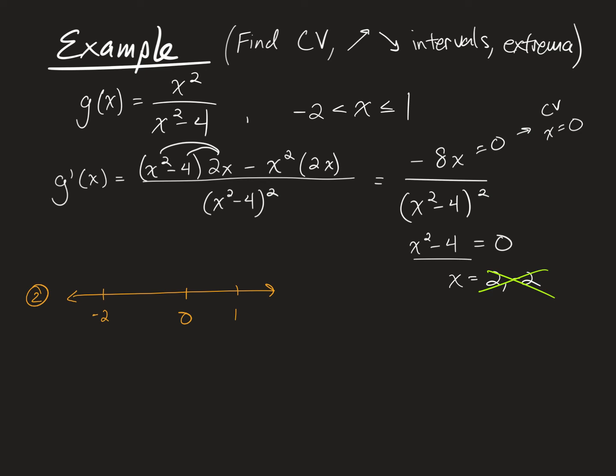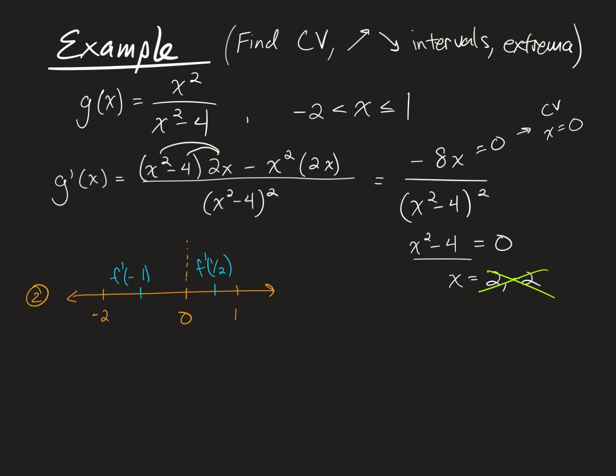And I'm going to pick a test value of negative 1 to the left of 0, and I'll pick 1/2 to the right of 0. And we're going to evaluate the derivative at these test values so we can find out which way the tangent lines are sloping to make a larger discovery about this function.